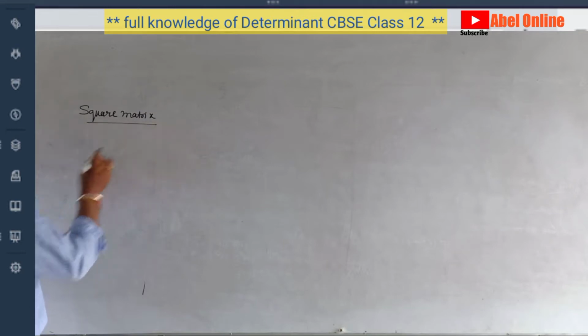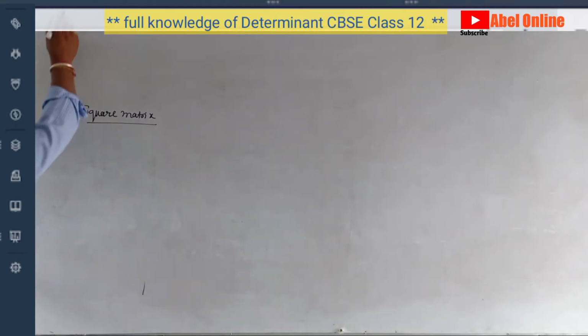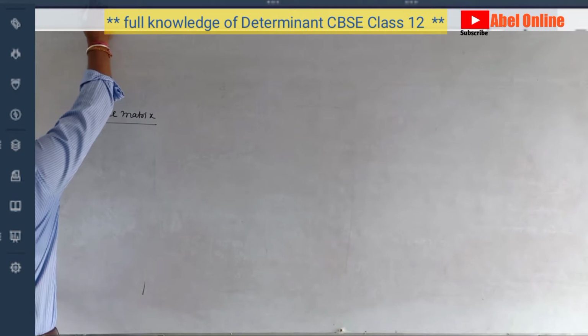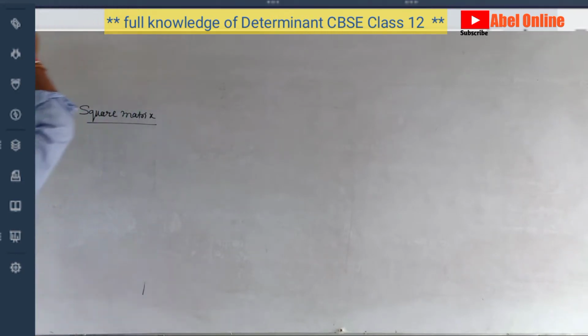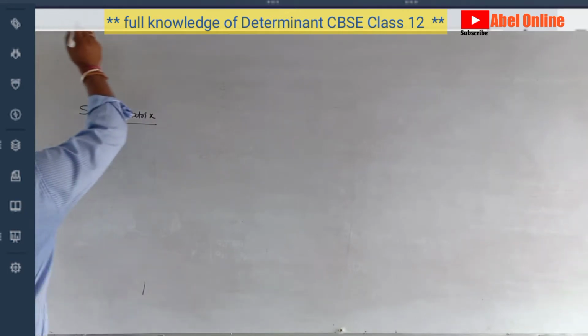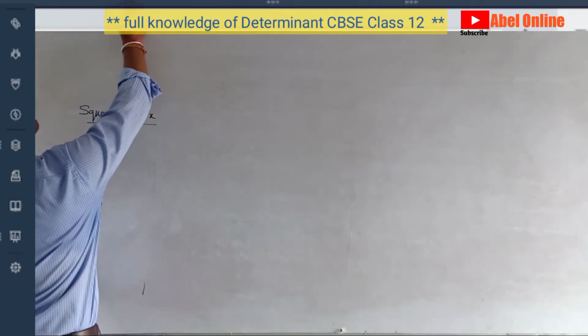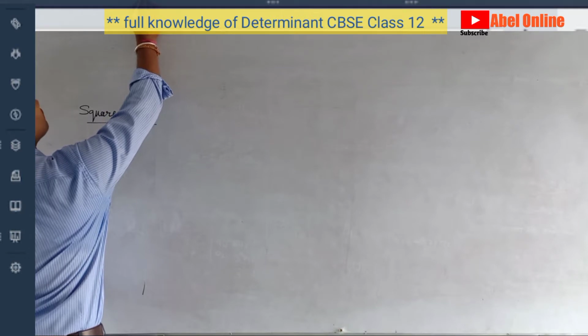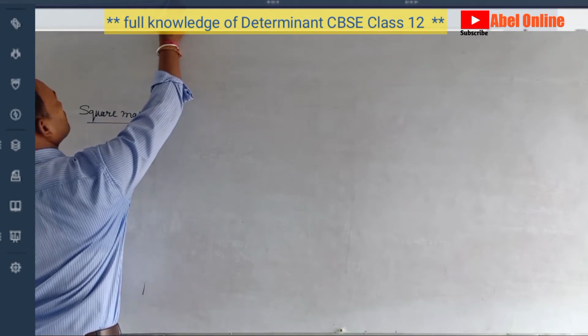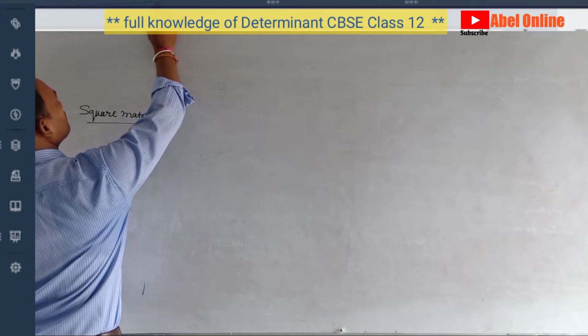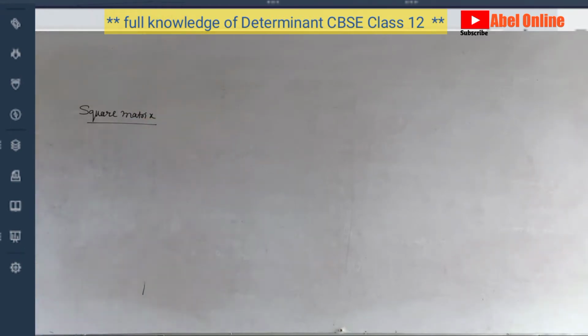What is the square matrix? When we are talking about the determinant, firstly, what is the square matrix?